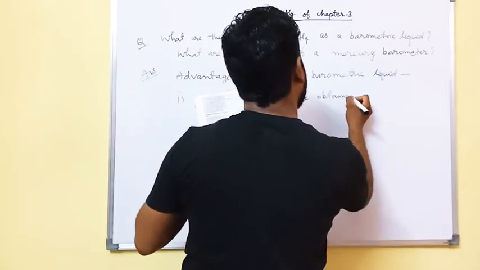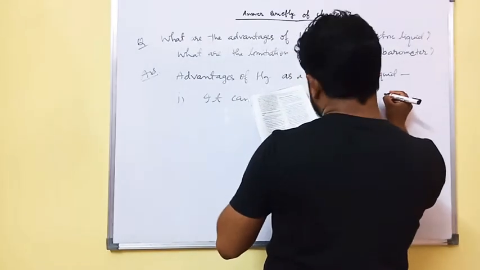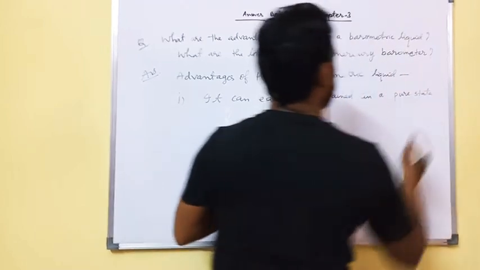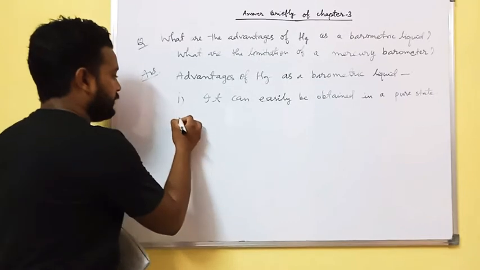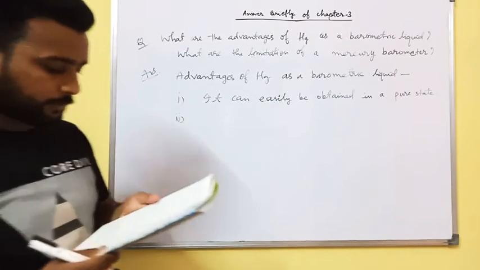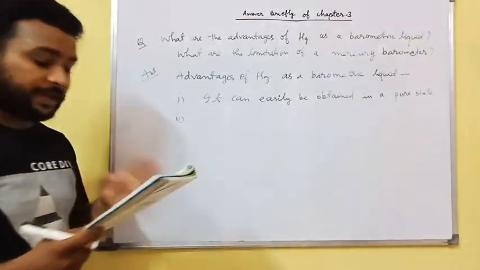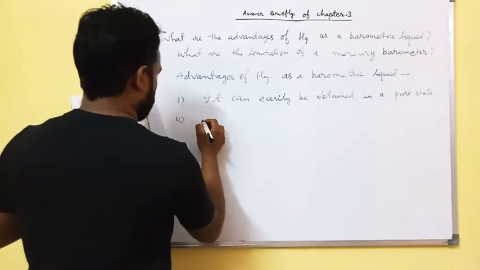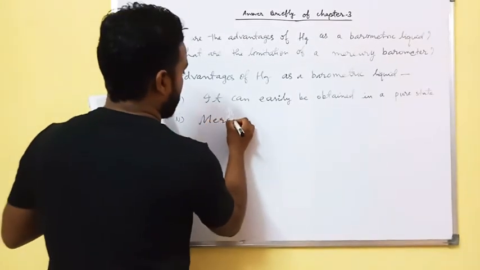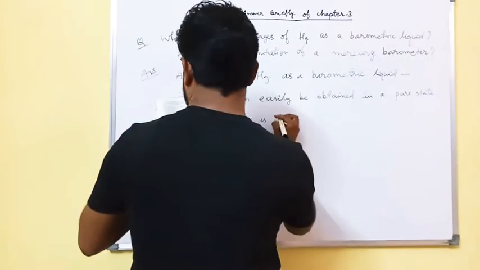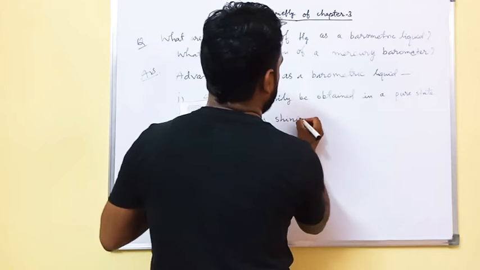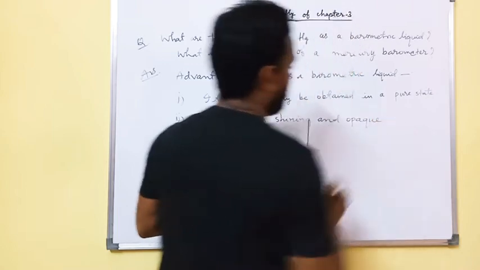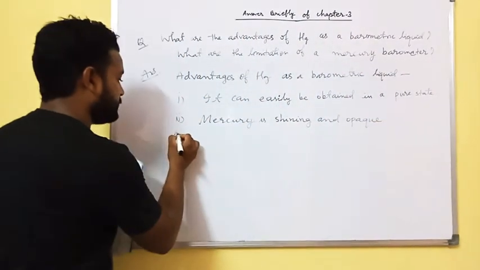Okay. Now next, mercury is shining and opaque. The surface of mercury is shining and opaque.